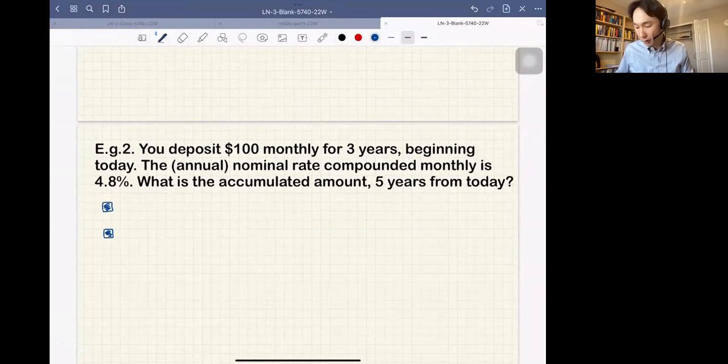That means the annual nominal rate, so 4.8% is the annual rate. And compounded is sometimes written as convertible, so nominal rate convertible monthly has the same meaning as compounded monthly. What is the accumulated amount 5 years from today?